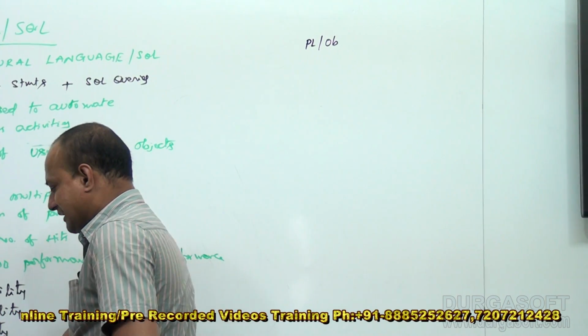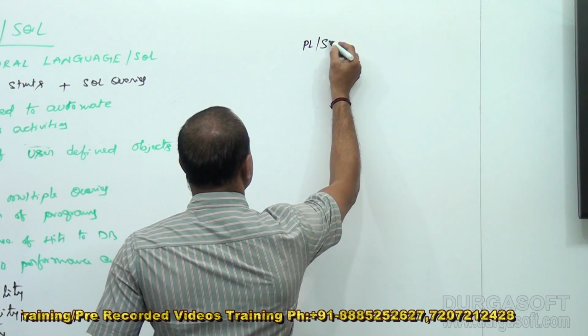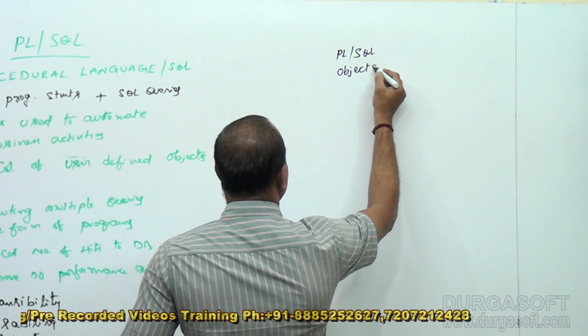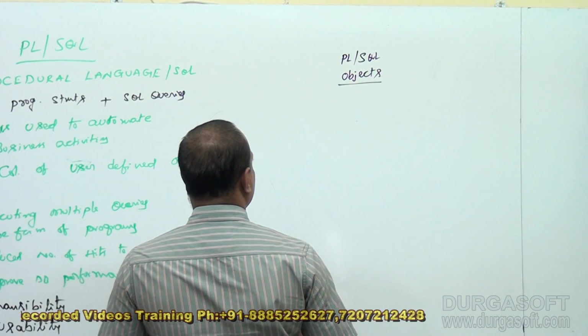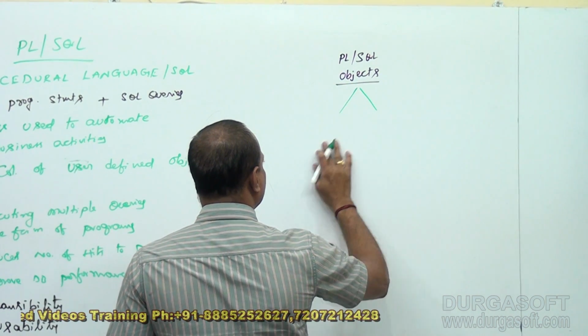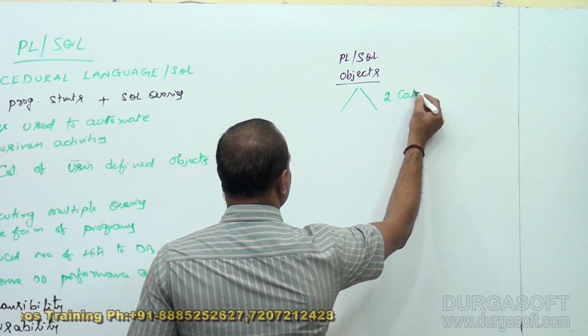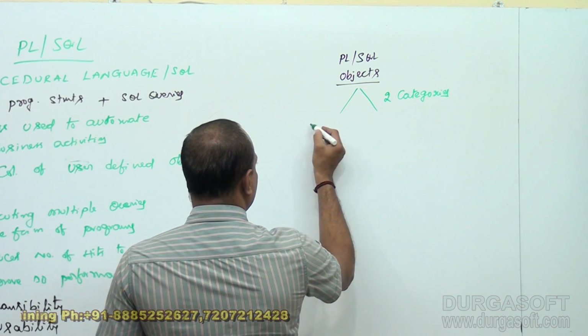Let me write PL/SQL objects. Generally, PL/SQL objects are divided into two categories. Remember, there are two categories. What are they?